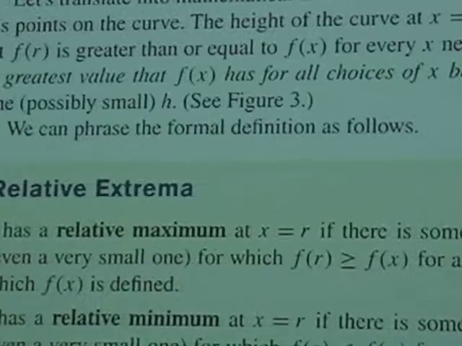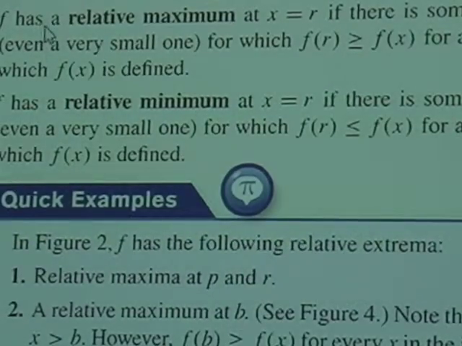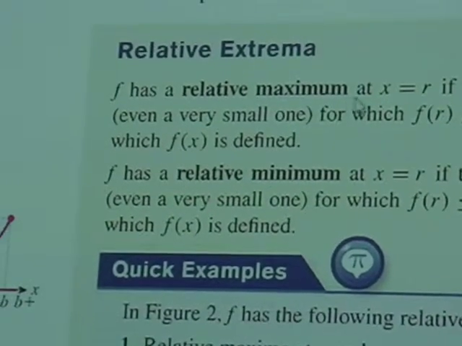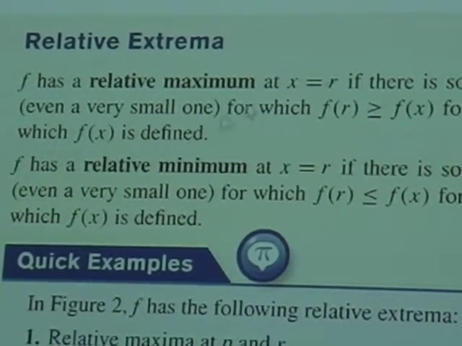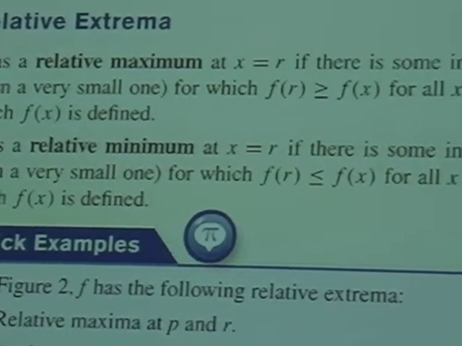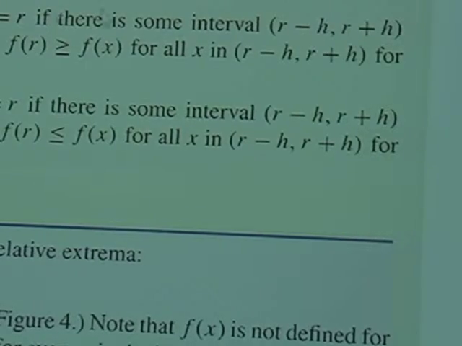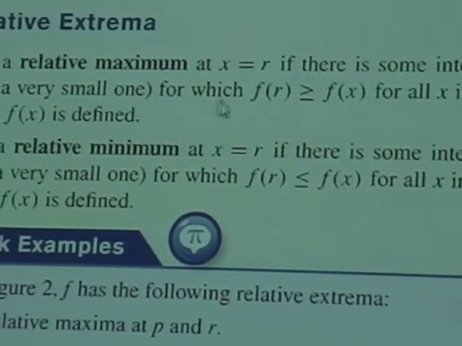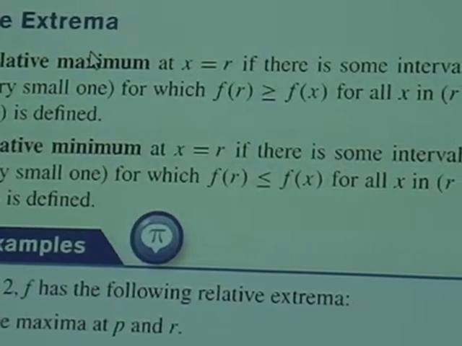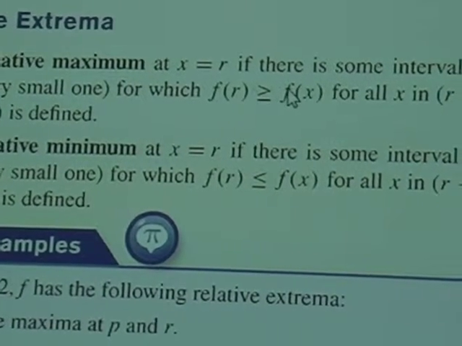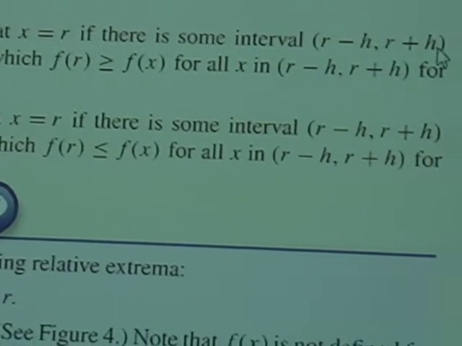Okay, relative extrema. Let's just read this definition. f has a relative maximum at x equals r, so that means the x value is r, if there is some interval around r, even a very small one, for which f of r is greater than f of x for every value in that interval.